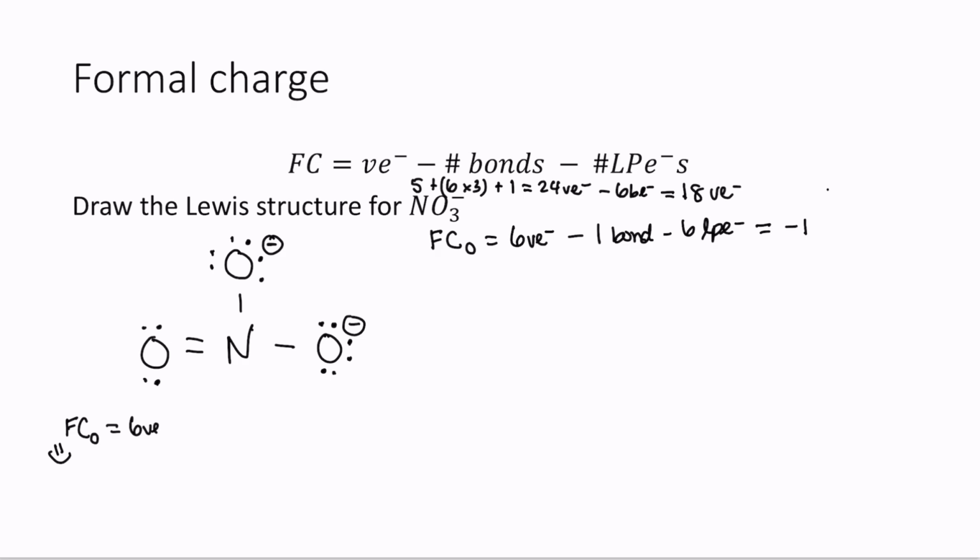We have 6 valence electrons minus 2 bonds minus 4 lone pair electrons, and that's going to give us a formal charge of 0. If you have a formal charge of 0, you do not need to write it in unless I explicitly ask. So that's not necessary.